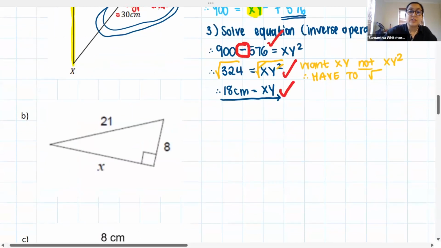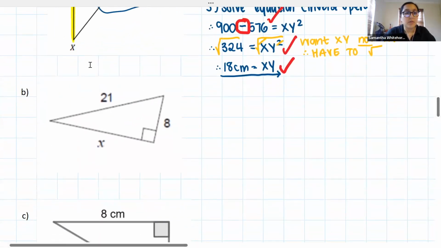Right, so if you're still not feeling super comfortable, I'm moving on to the second question, and hopefully as we do this one together, it will make a little bit more sense of why we are subtracting, of what Pythagoras is and how we use it. As we've always done, we first identify our hypotenuse.